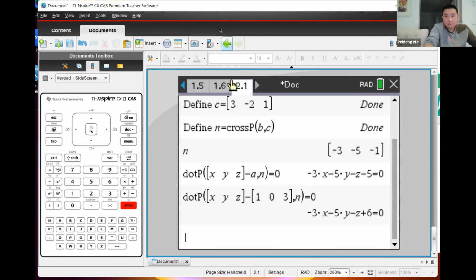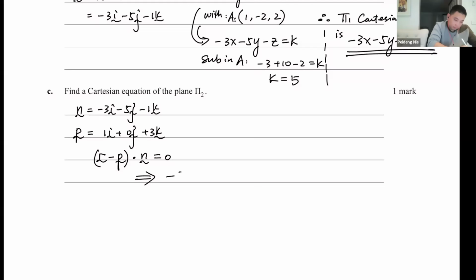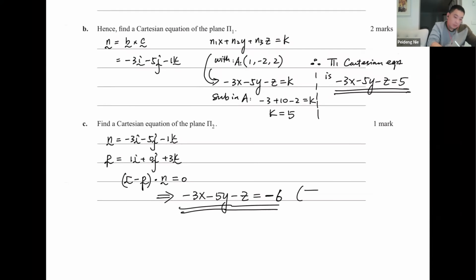Should be fine. This is -6, okay? Because the right version gave you minus 3x minus 5y minus z plus 6 equals to 0. So this is my pi 2, okay?